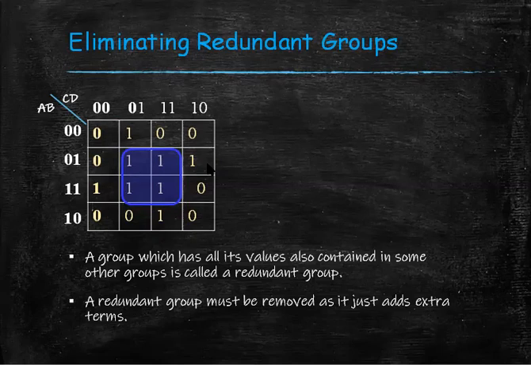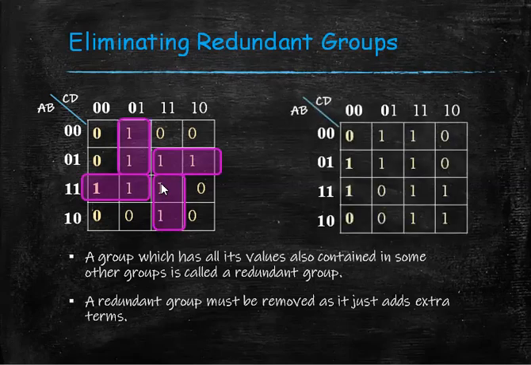For reducing the variables, we must avoid this. We must avoid that quad. Then consider only the 4 pairs.